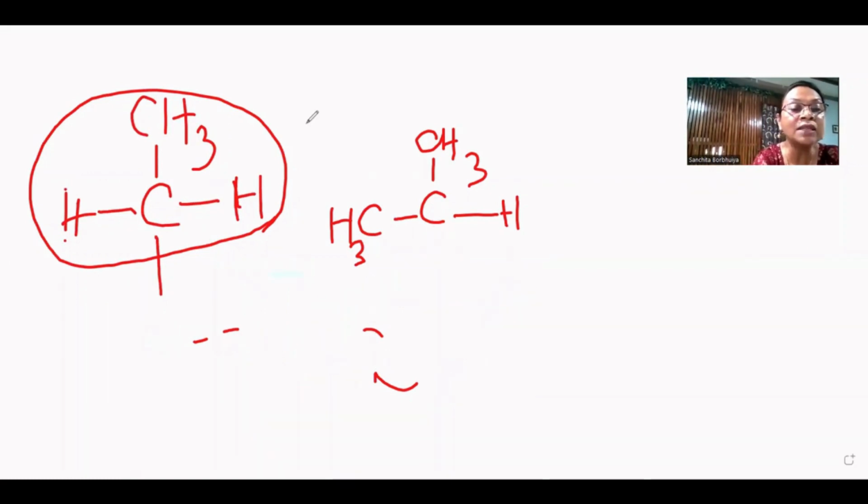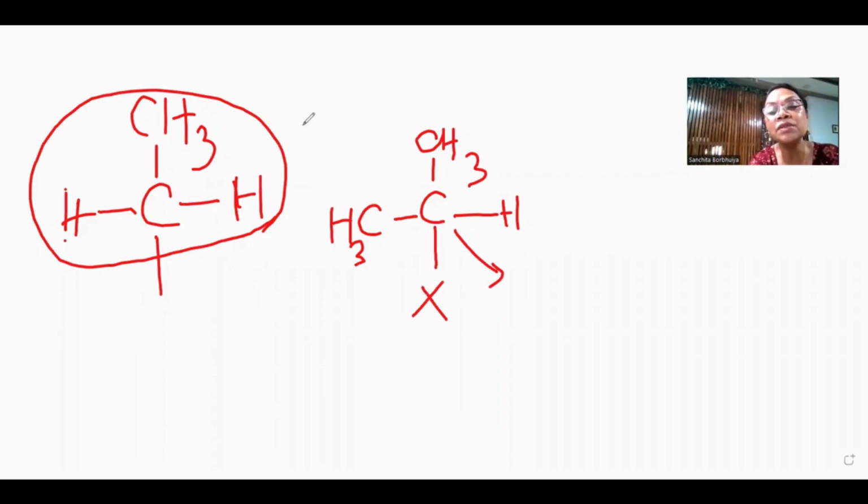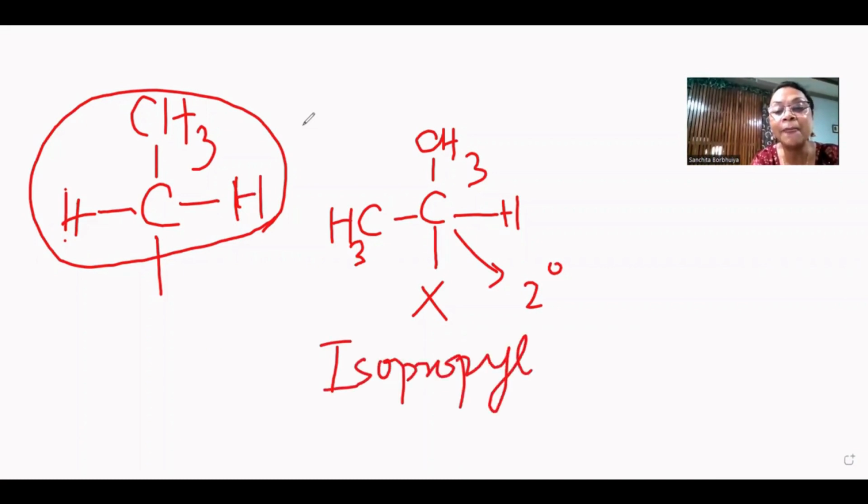I give you the answer. It's a 2-degree carbon where the halogen is attached to the 2-degree carbon. So this is called an isopropyl. And if I replace the halogen with, say, chlorine, you will call it isopropyl chloride.